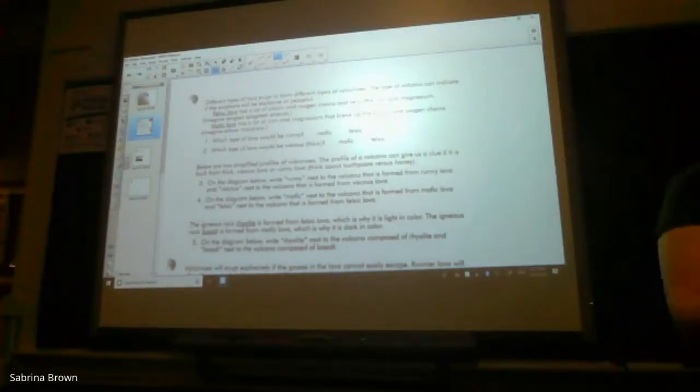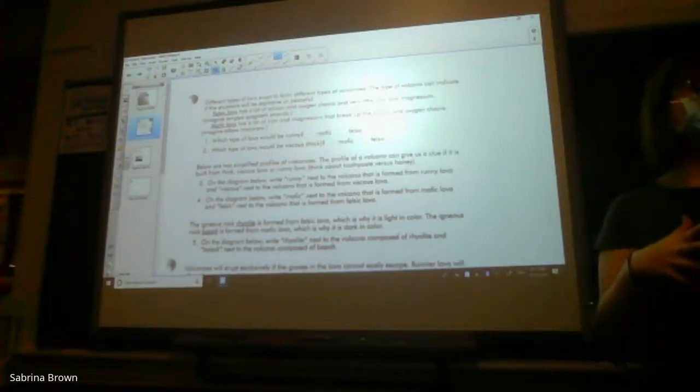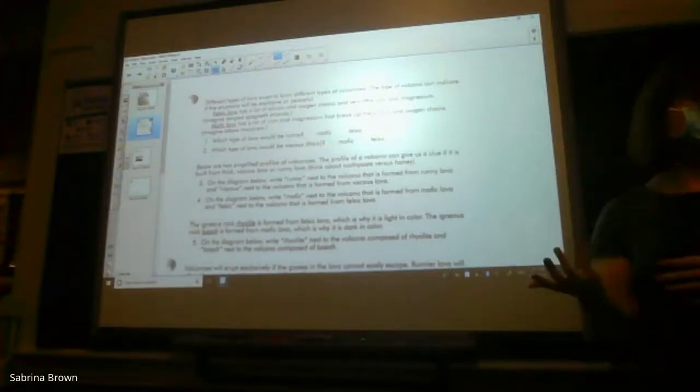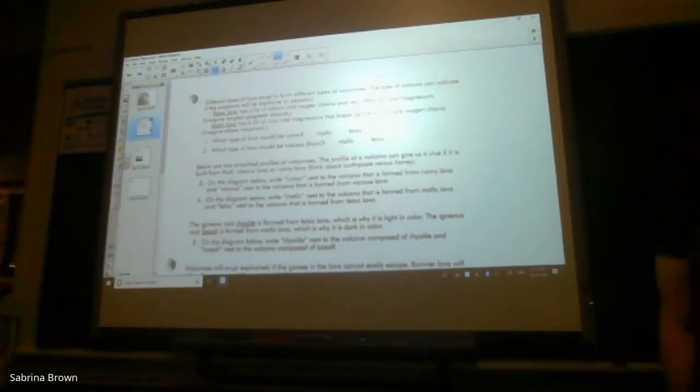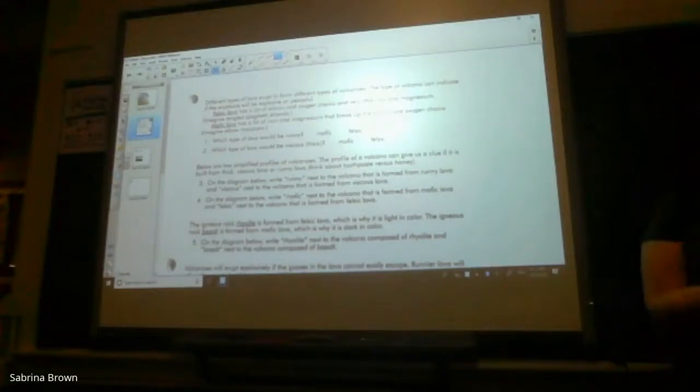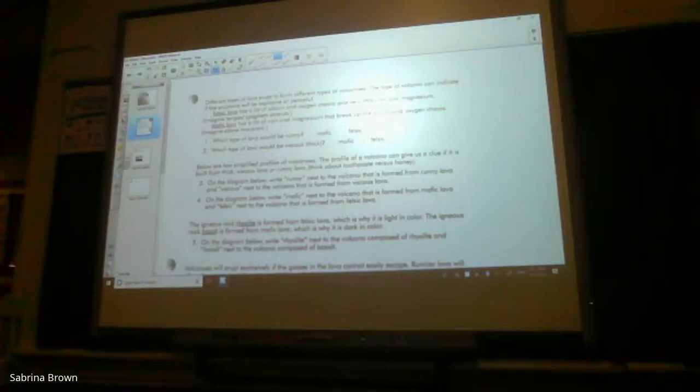So when we're talking about volcanoes, we have, again, different volcano types, and those different volcano types are related to different types of eruptions, and eruption types are related to the composition of the lava, right? So what the lava is made up of. And we have two main types of lava. We have felsic lava, which has lots of silicon and oxygen chains.